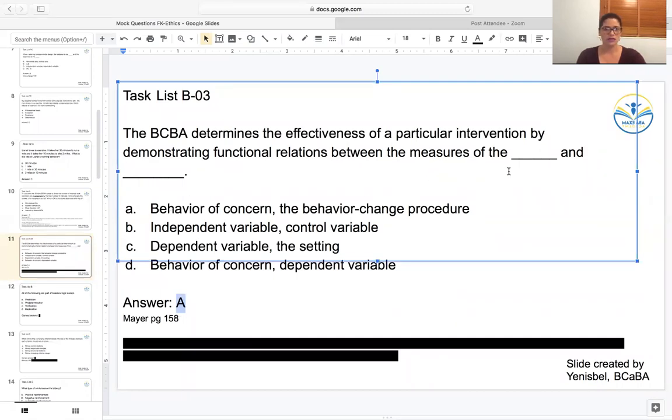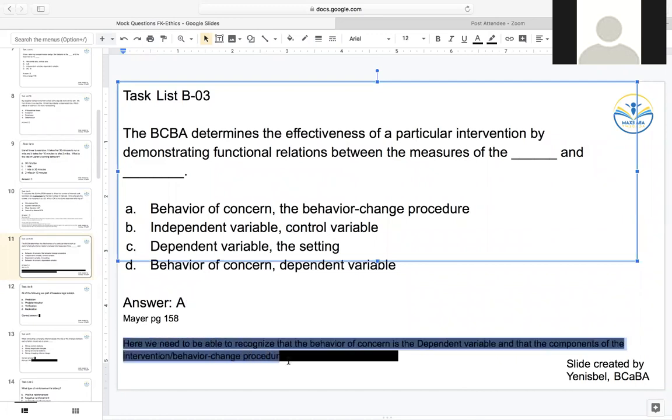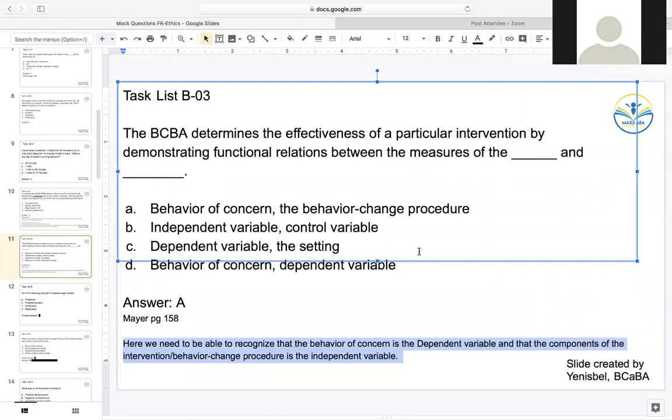Why is it A and not B? Now I see it. Okay. Is the behavior change procedure an AKA for treatment? Treatment, thank you.